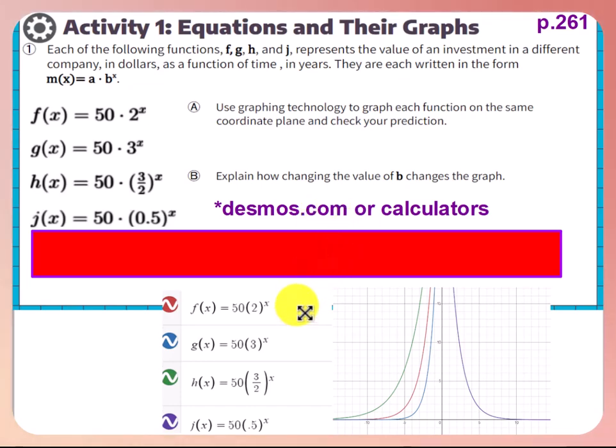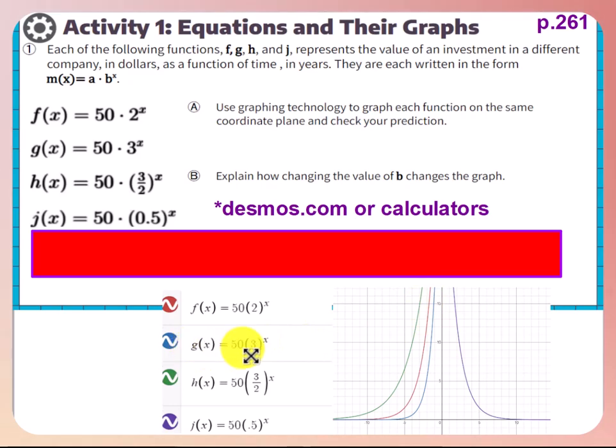Alright, once you put those in, you'll have different color codes depending on what your computer gave you. Now let's look at what f of x equals 50 times 2 to the x looks like. That's going to be the red line, this one right here. So it starts out here, we start with 50, we're doubling it each time.